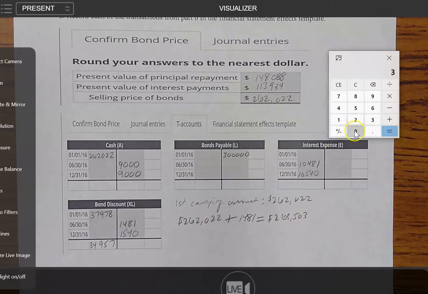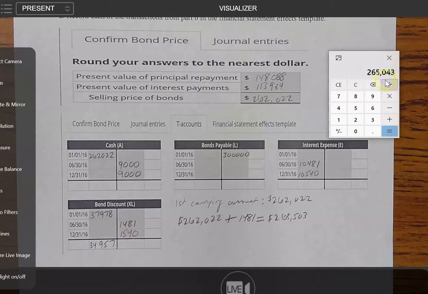It's going to be 300,000 minus 34,957 equals 265,043. So we can take the carrying amount minus the balance in the bond discount account and get the carrying amount, or we could take the initial carrying amount and then add the discount amortization to it.